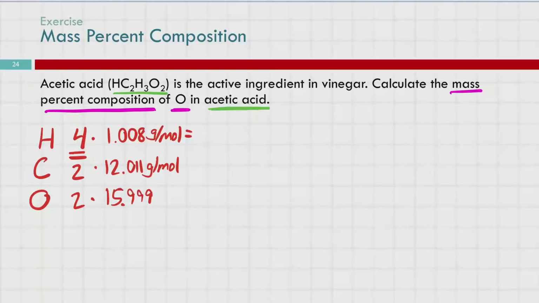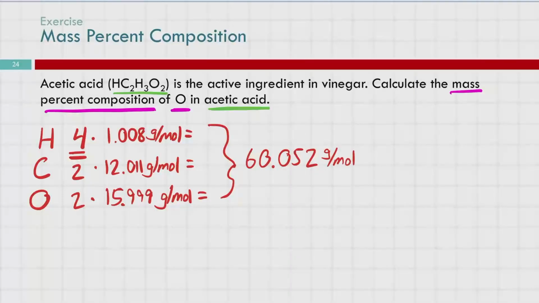Write down their molar mass. And then we're going to add all of that up. Should look something like 60.052 grams per mole.